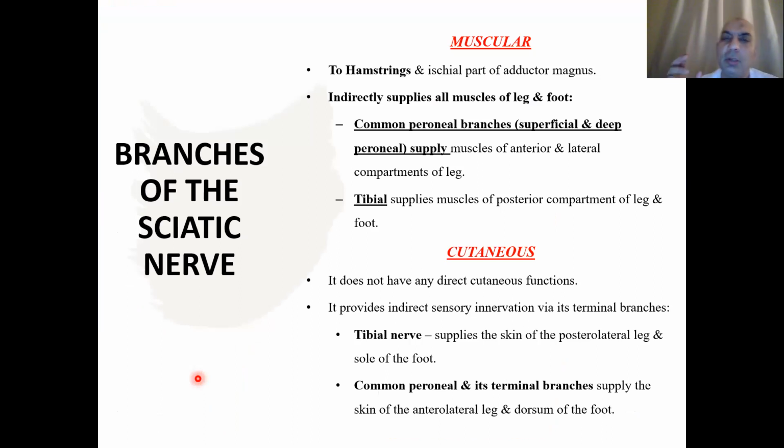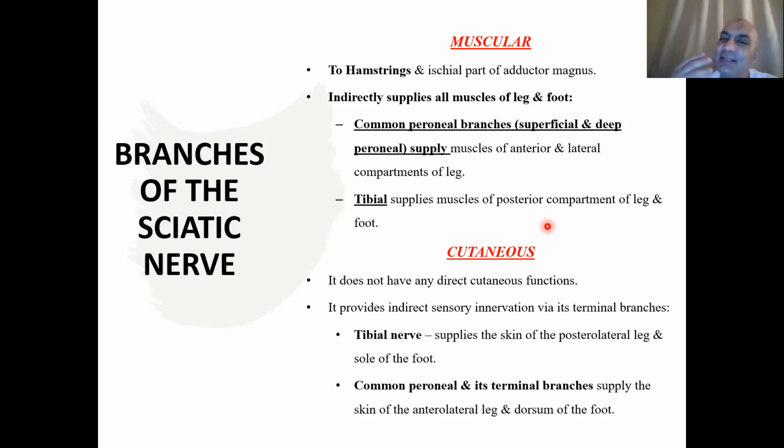But when we discuss this nerve deeply, with some depth of knowledge, I know the direct branches are for the hamstrings and the ischial part of adductor magnus. But because this nerve divides into tibial and common peroneal, and the tibial and common peroneal supply all muscles of the leg and all muscles of the foot, for example, the common peroneal nerve supplies the muscles of the anterior and lateral compartments of the leg, and the tibial supplies the muscles of the posterior compartment of the leg and the muscles of the foot.